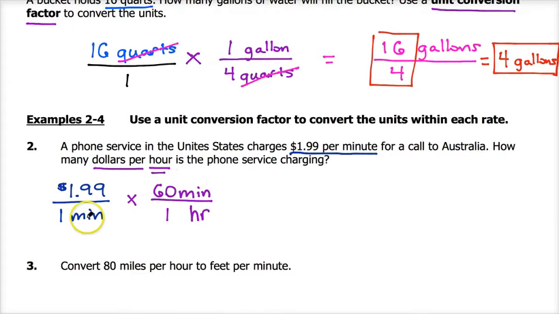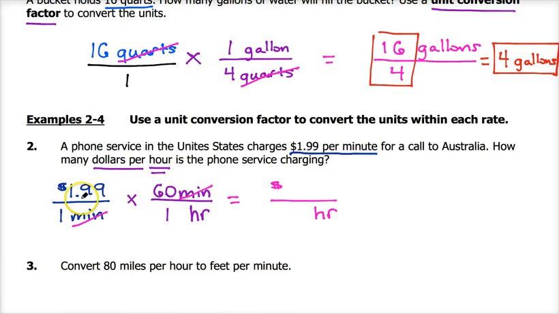When I do that, my units of minutes will cancel out, and I'm going to be left with dollars on the top per hours is going to be my units on the bottom. So this will take me to dollars per hour, which is what my answer needs to be in.